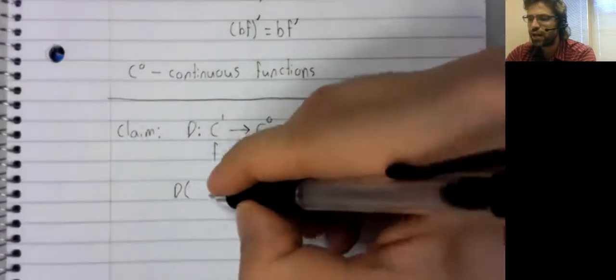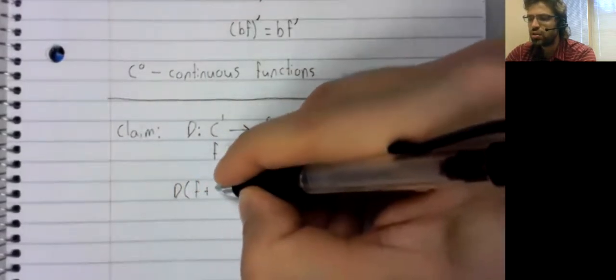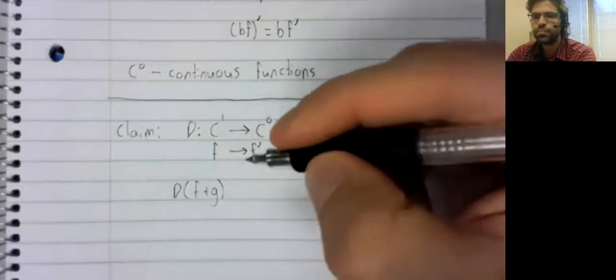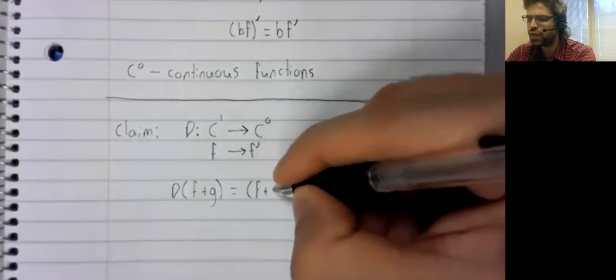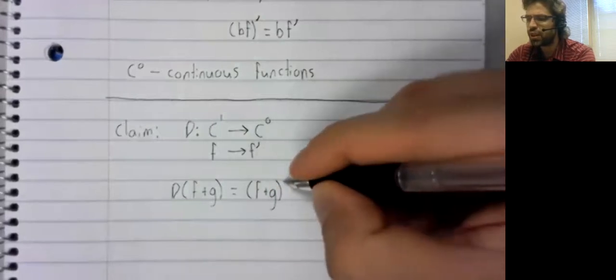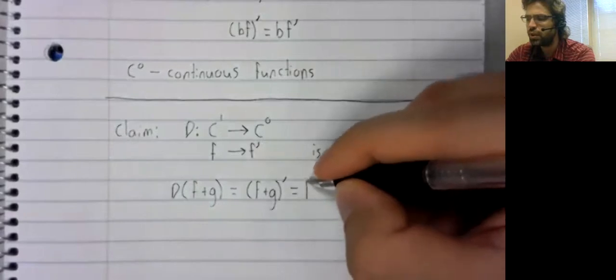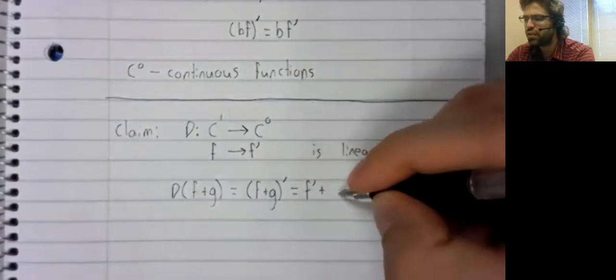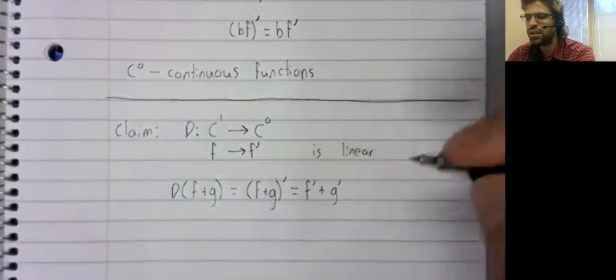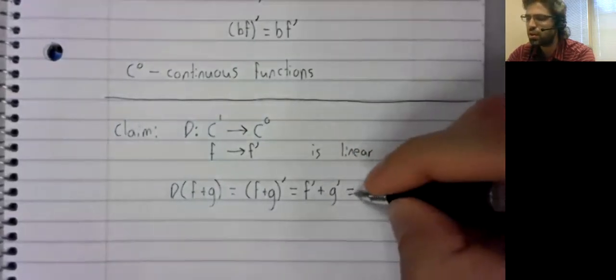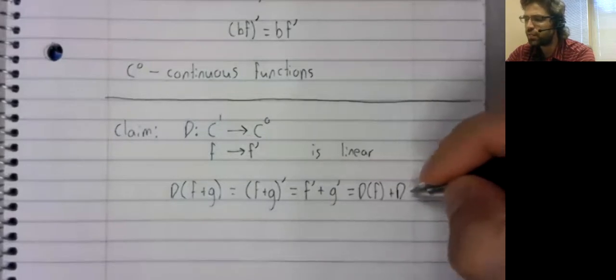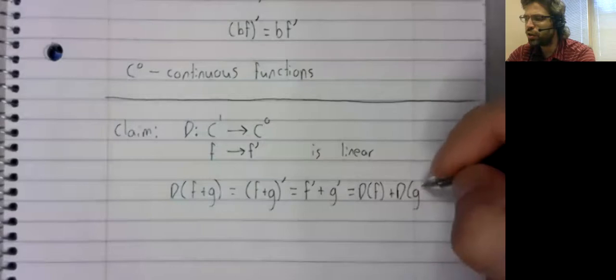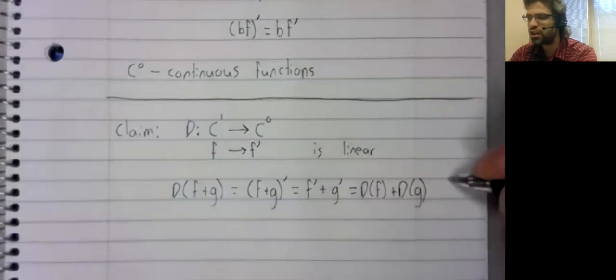If we apply D to a sum, we're taking the derivative of that sum. The derivative of a sum certainly is the sum of the derivatives. So that's one of our linearity conditions met.